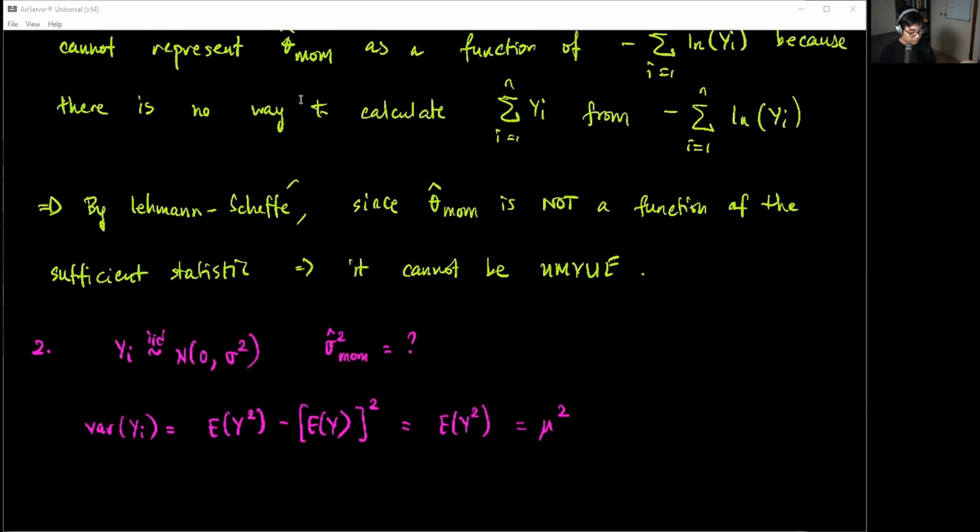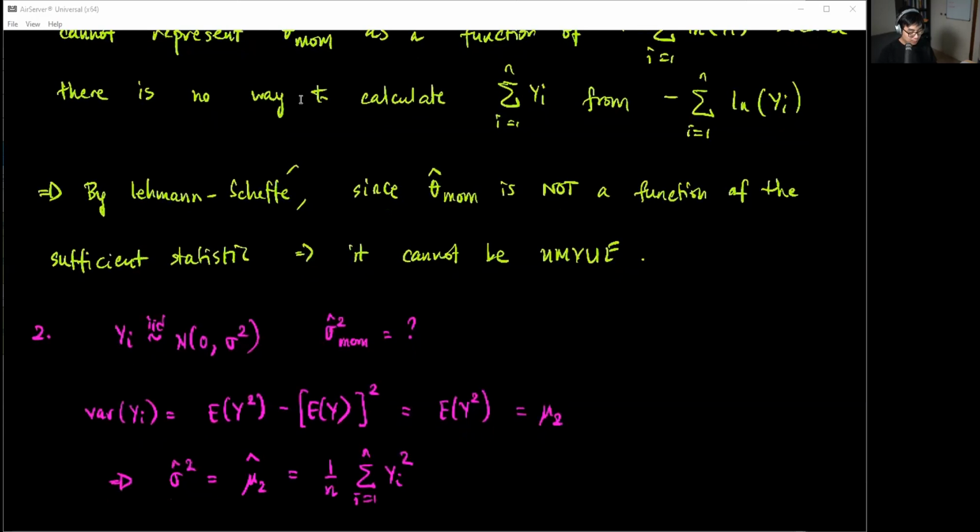So therefore, we can say that sigma hat squared is equal to mu 2 hat, which is going to be 1 on n times the sum of yi squared, okay?